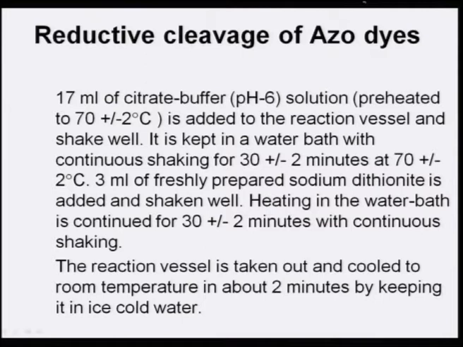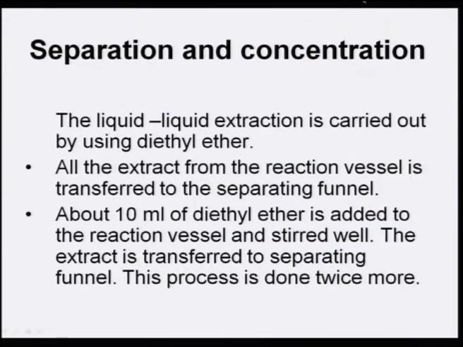Heating in the water bath is continued for 30 minutes approximately with continuous shaking. The reaction vessel is then taken out and cooled to room temperature in about 2 minutes by keeping it in ice cold water, and thus the reduction of the azo dye to amines takes place.